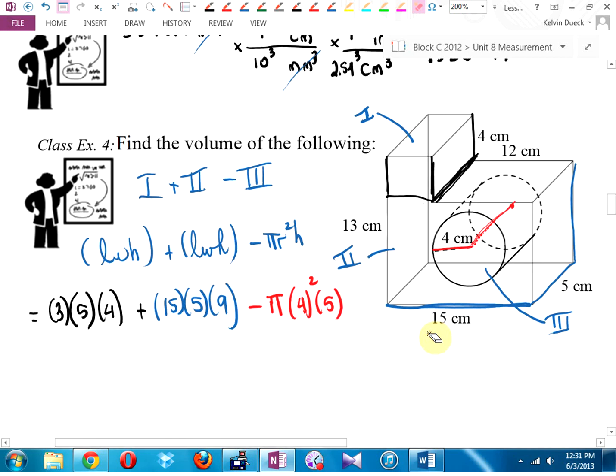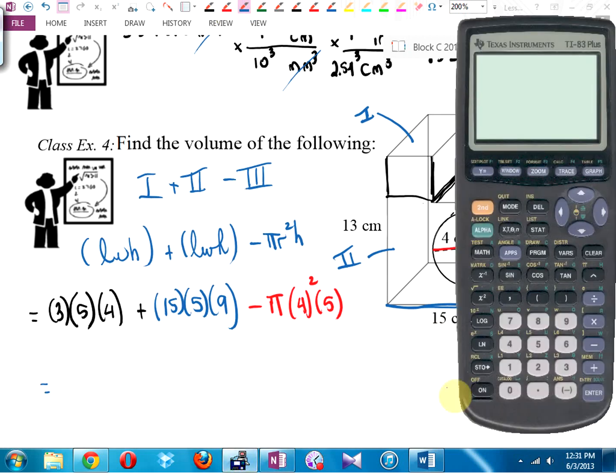Hey, go to your calculator. What do you get? Do you get 483.6725? 483.7?